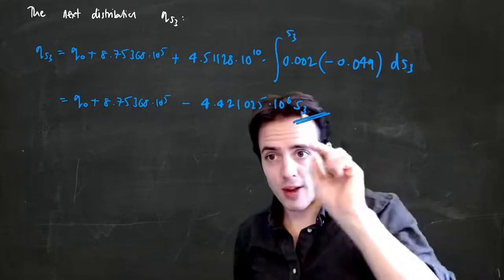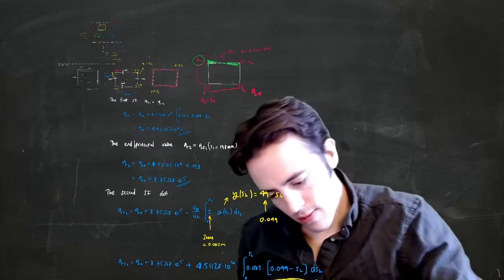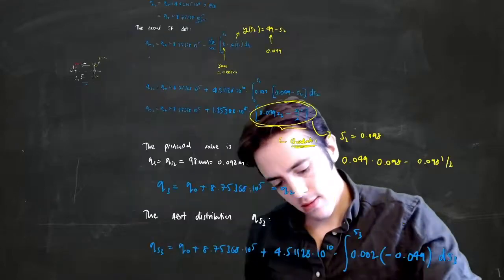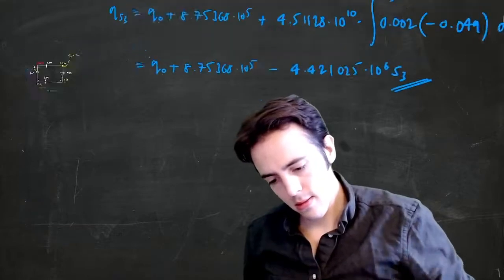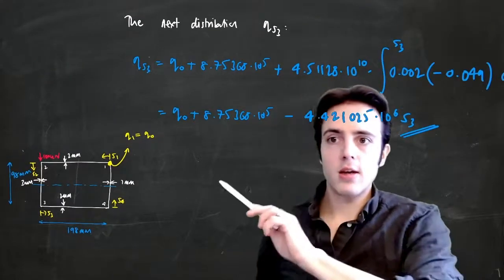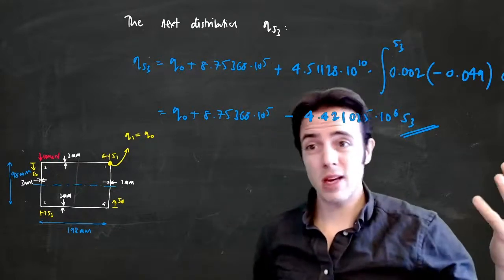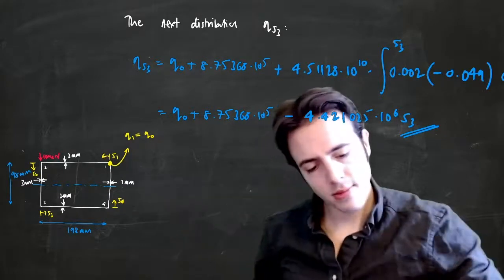So we now want to know the principal value here. Okay, so we're going to do the last distribution, which is S4 up to either we can call it 0.5 or 0.1. They're the same point there.